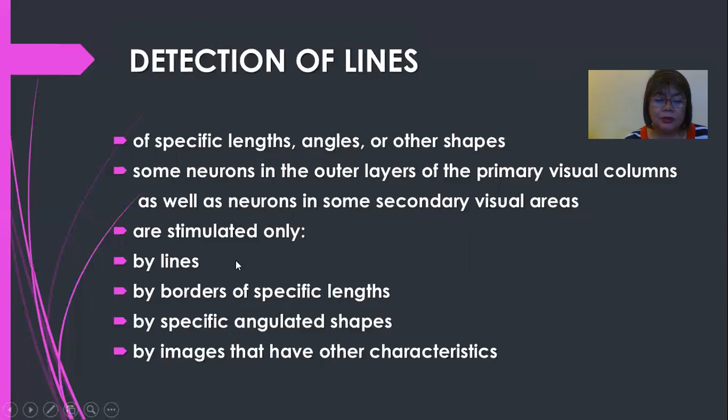So some neurons are stimulated by lines, some by borders of specific lengths, some by specific angulated shapes, and some by images that have other characteristics, okay? So the redness of the cross, which we showed a while ago, is detected by the secondary visual areas. Okay, so remember the redness of the cross.